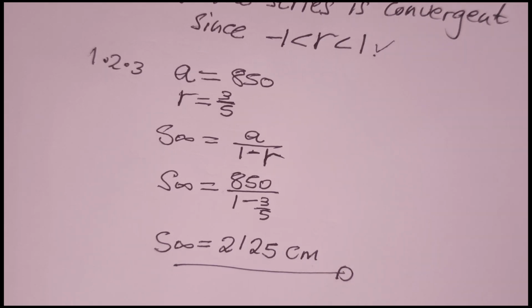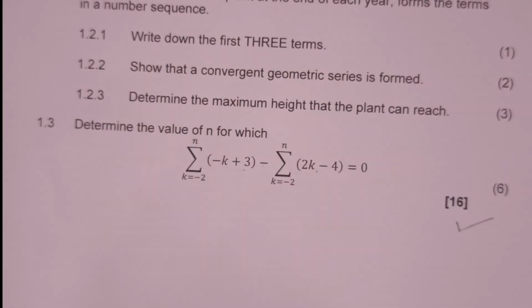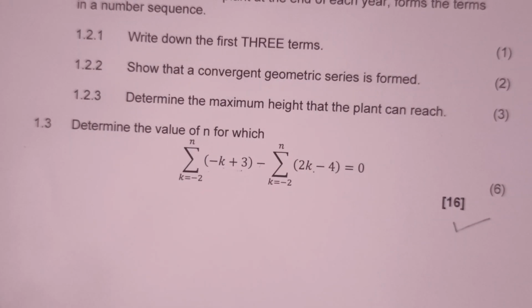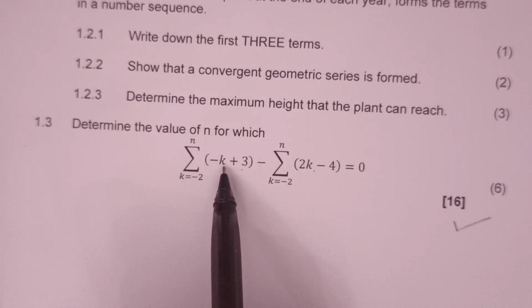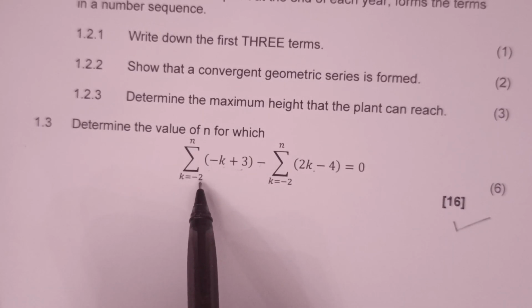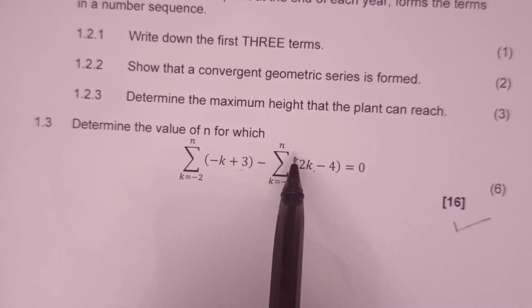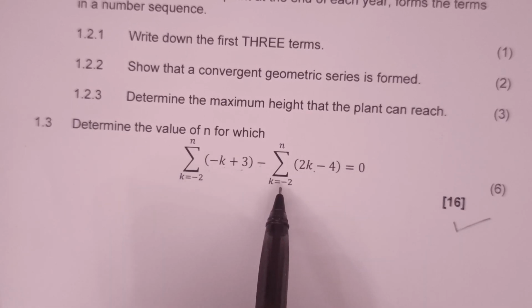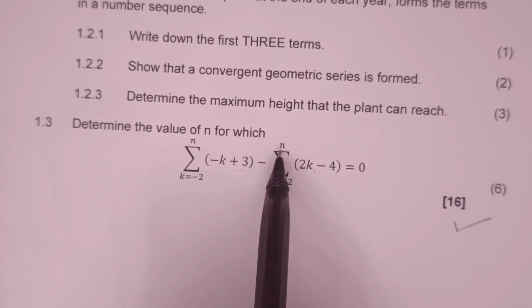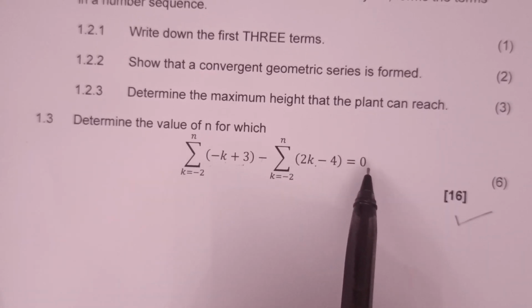Now let us go to 1.3. Determine the value of n for which the sum of minus k plus 3 from k equals minus 2 to n, minus the sum of 2k minus 4 from k equals minus 2 to n, is equal to 0.